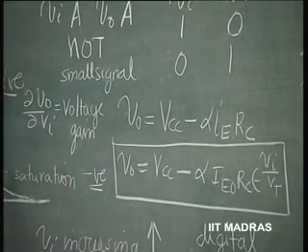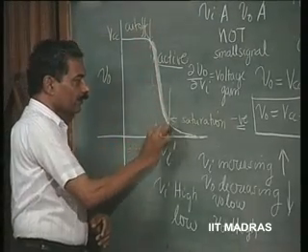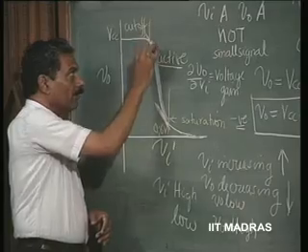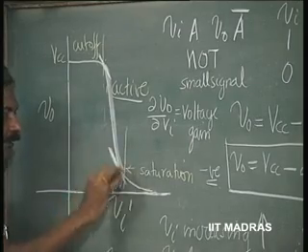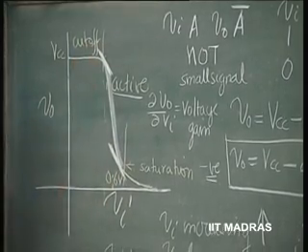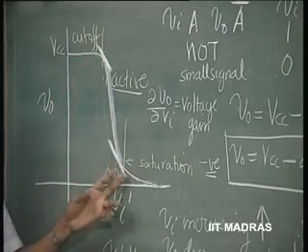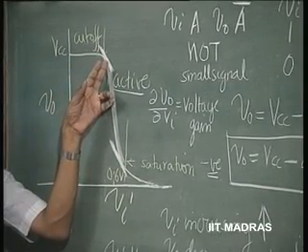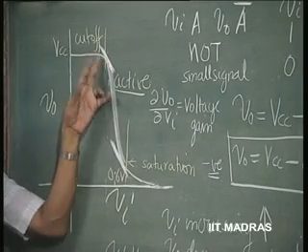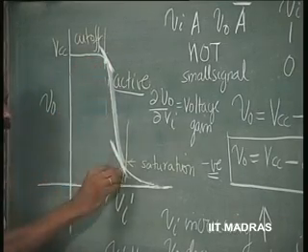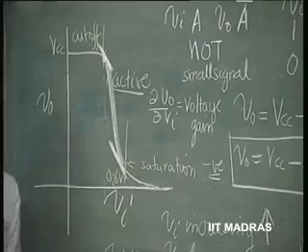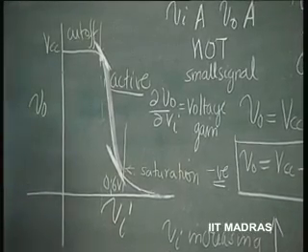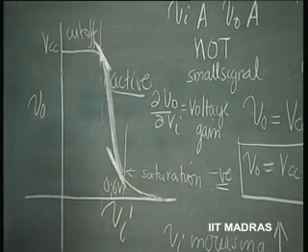Now, that is the borderline defining where exactly we are entering. If you plot this characteristic and draw a line with slope equal to -1 on the characteristic, that particular point where the slope is equal to -1 separates the active region from the cutoff and saturation.